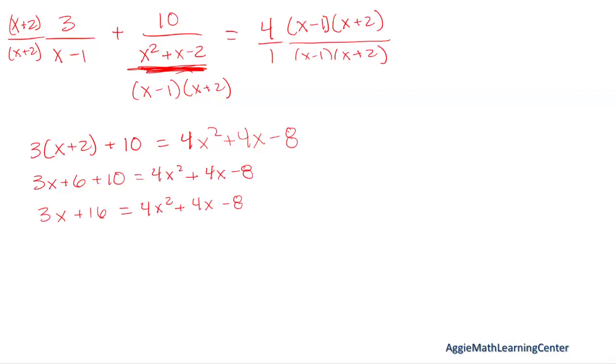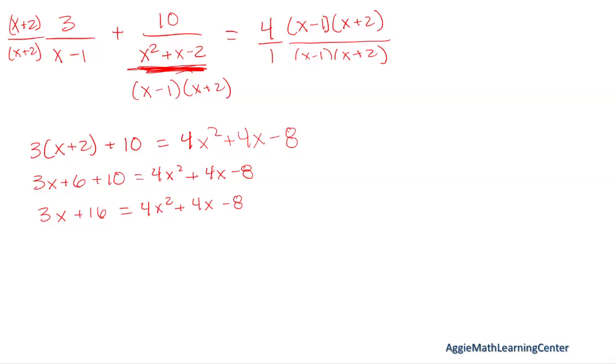Okay, what do we want to do from here? I can move everything to one side. Okay, which things do we want to move? We can move 3x plus 16 since there's less of it.